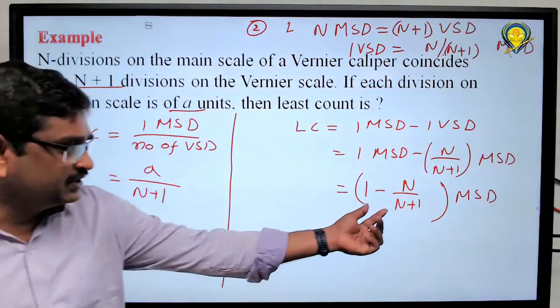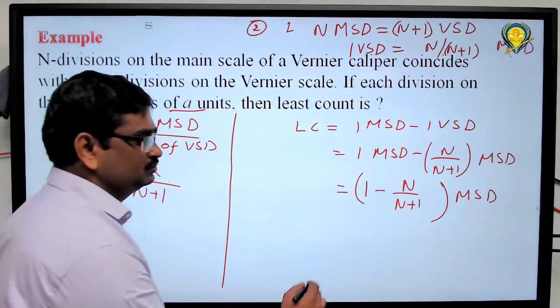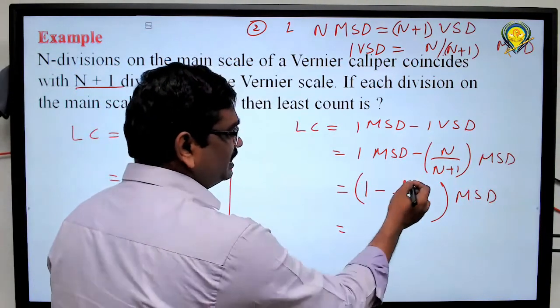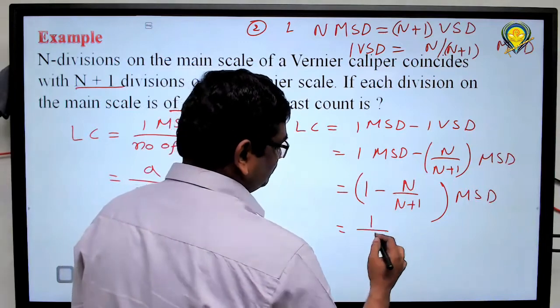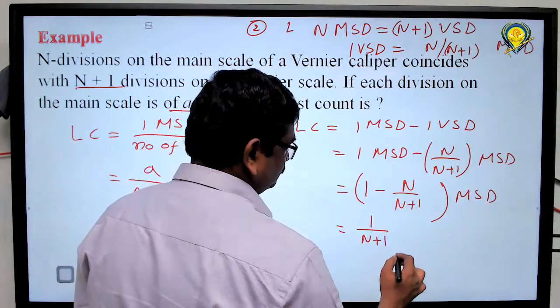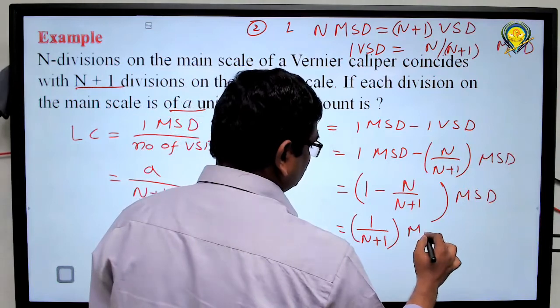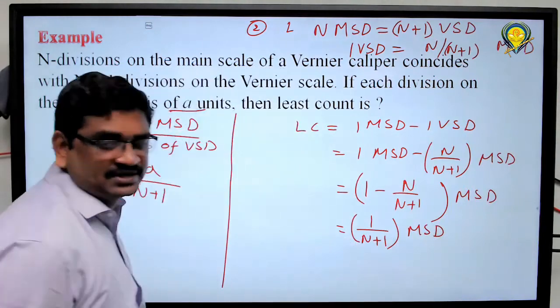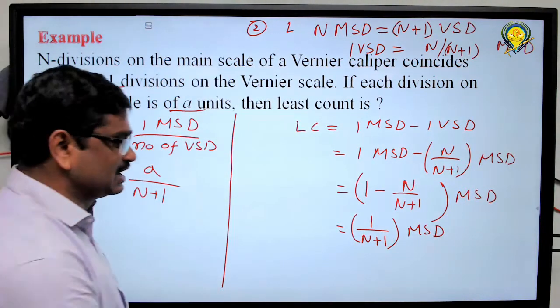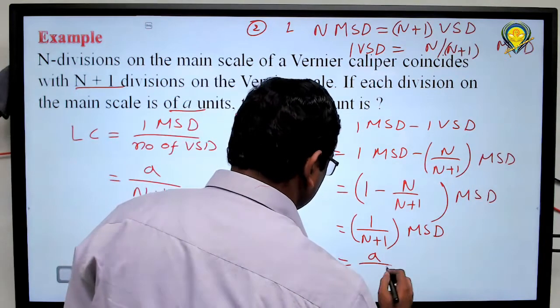Now if you take LCM, what is the final value? n will get cancelled out. 1 by n plus 1 remains into main scale division. What is the value of one main scale division? A. Substitute that also. So A by n plus 1.